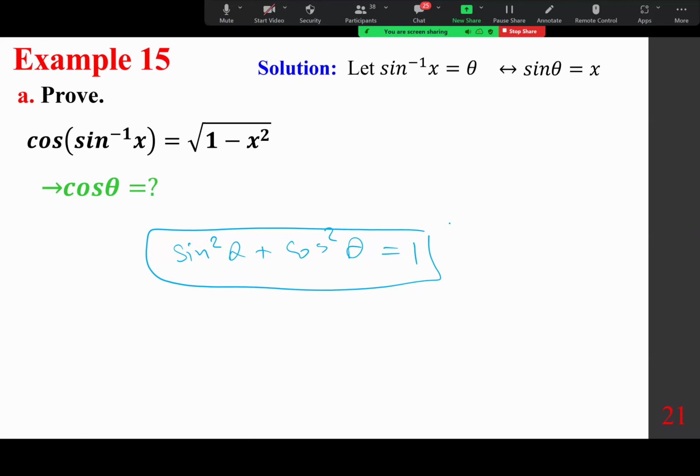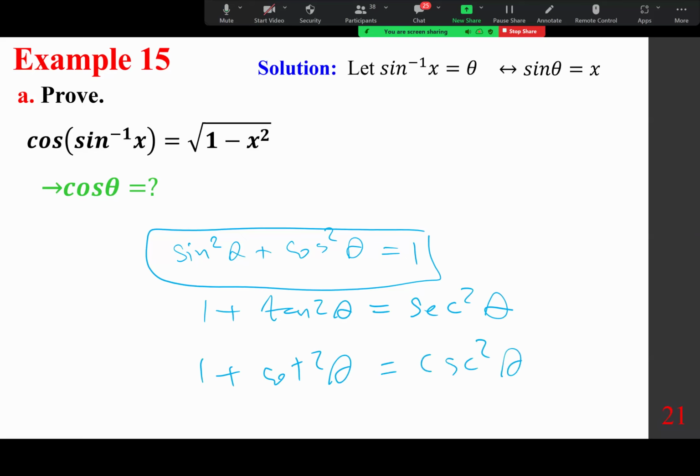This is one of the Pythagorean identities in trigonometry. 1 plus tan squared equals secant squared. 1 plus cotangent squared equals cosecant squared. So those are the other two. With that being the case, we know cosine is plus or minus the square root of 1 minus sine squared theta. That means we know sine theta is plus or minus the square root of 1 minus cosine squared. So those are given.